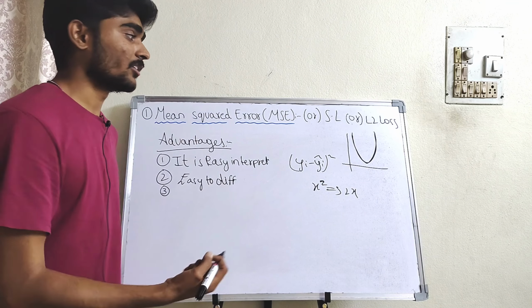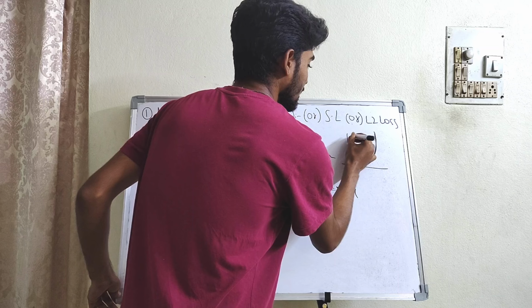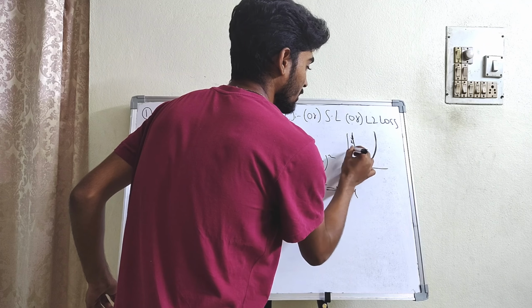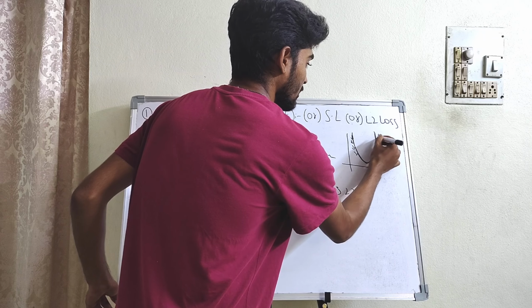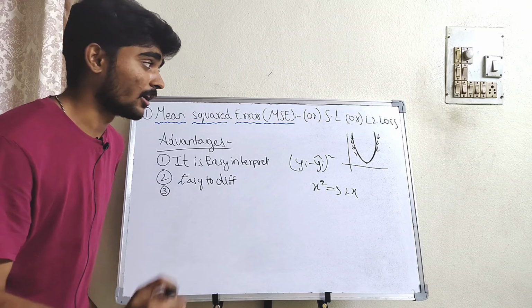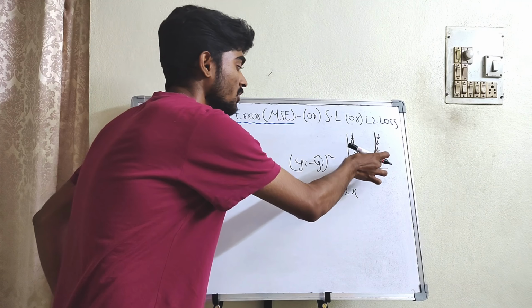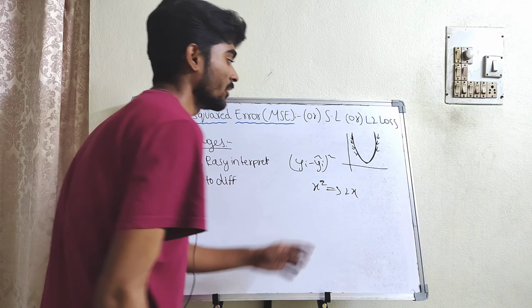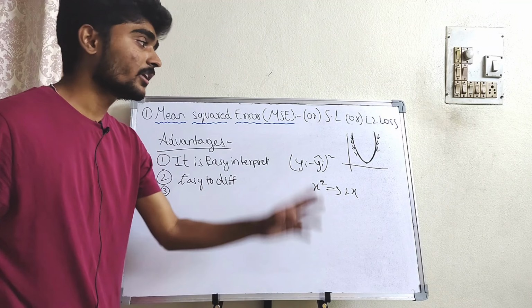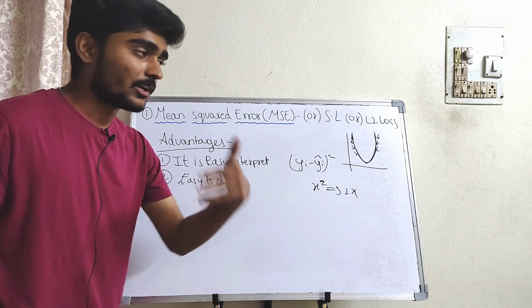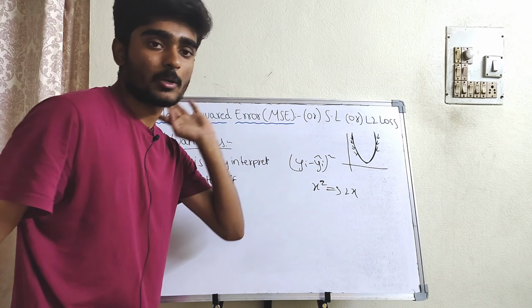Your gradient descent algorithm always tries to reach this global minimum point. As it has only one global minimum point, your gradient descent algorithm will not get confused.